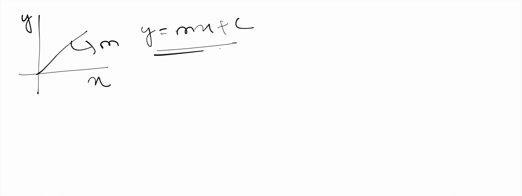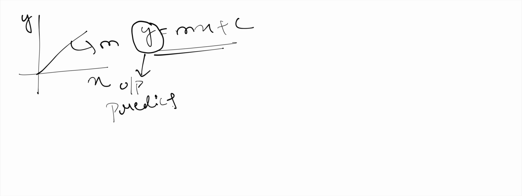We have the equation here. So let me break down every single thing. Y here is the output, the number we are trying to predict. Then X is the input, the data sets.